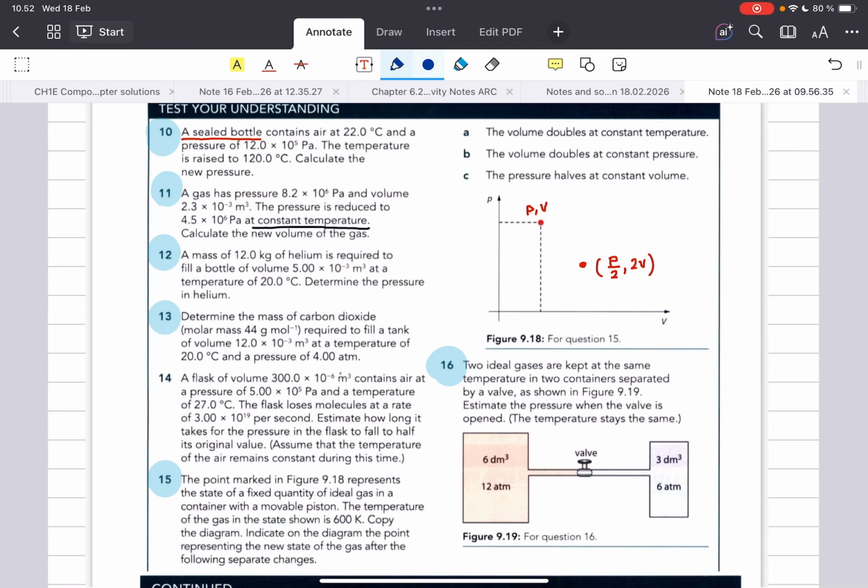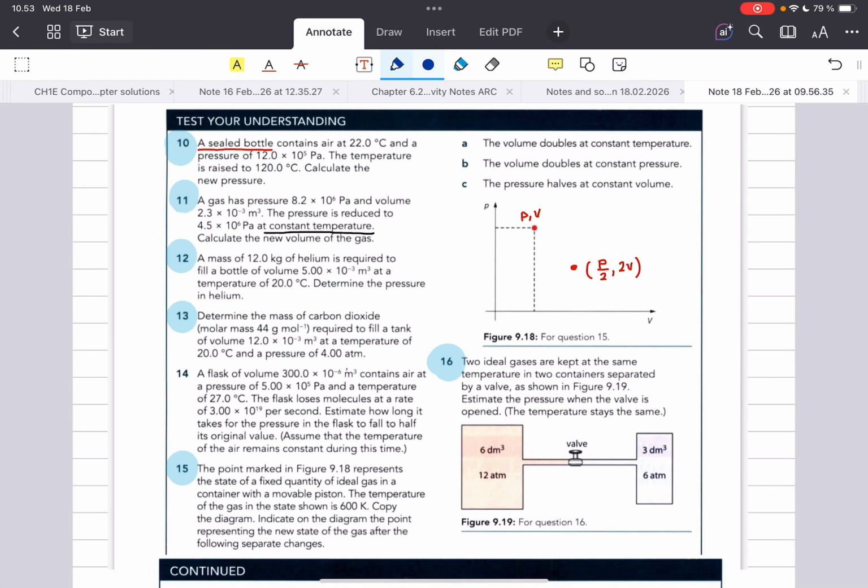Let's answer with blue, B. B says the volume doubles at constant pressure. So the pressure now will remain constant. Let's write again the equation. PV equals nRT. The pressure will be constant, n is constant, R is constant.